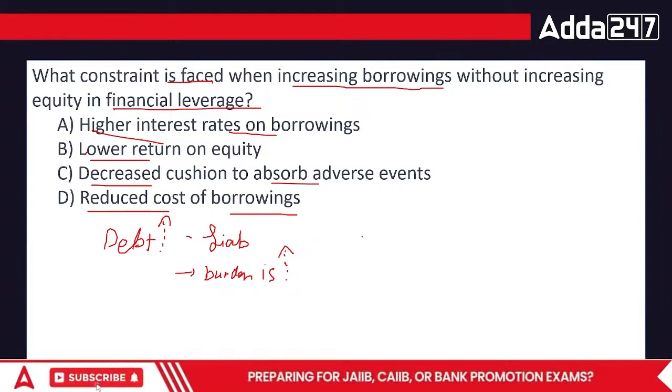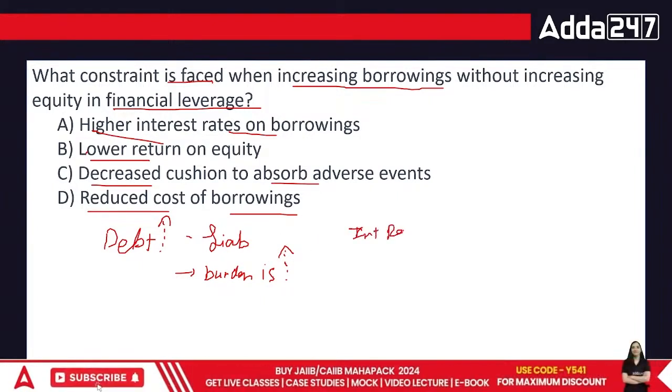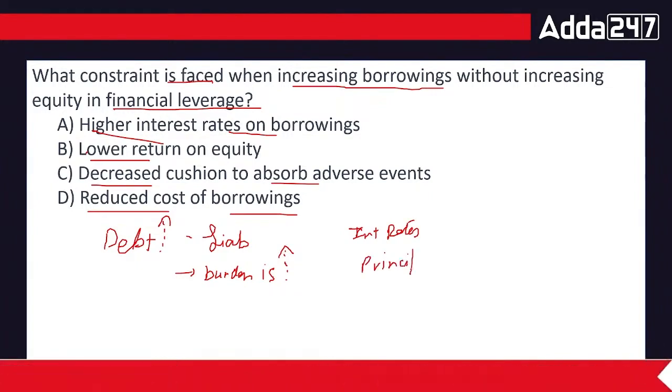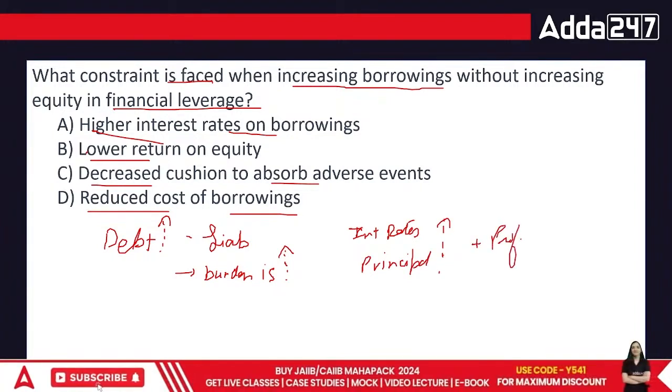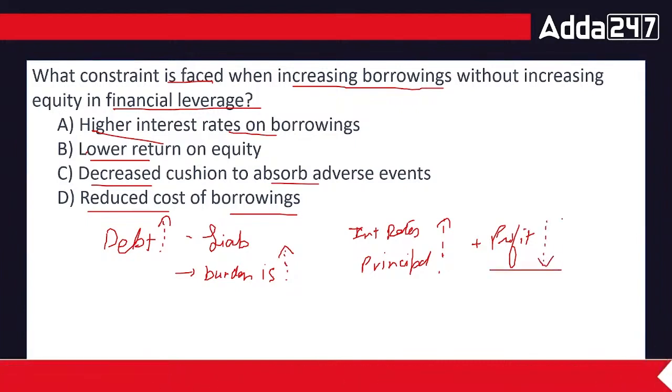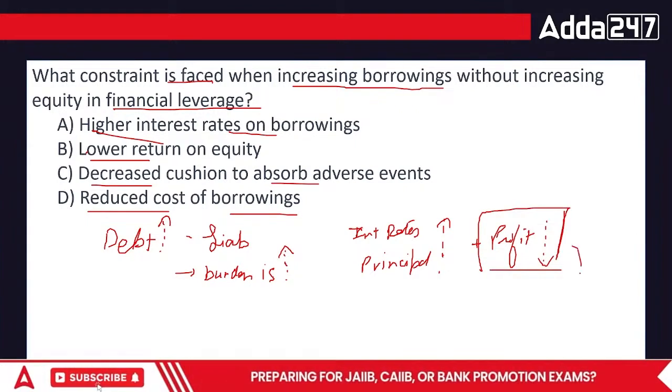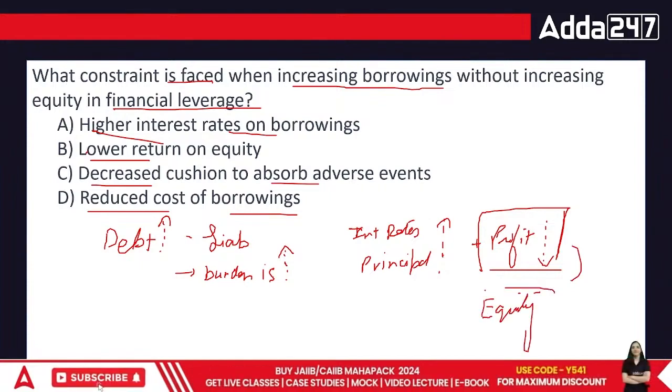In this case, when we increase our debt, the interest rates are high and the principal repayments are also high. That means if we pay both of these, our profit will decline. When our profit declines, the portion for equity is going to decline further. Matlab equity is gonna be hurt badly.